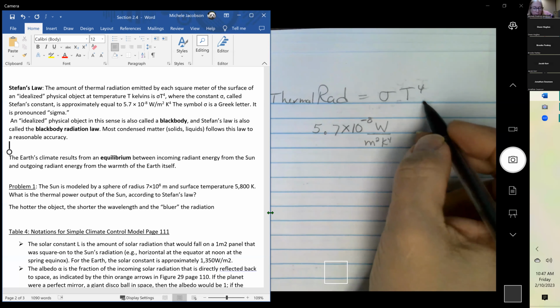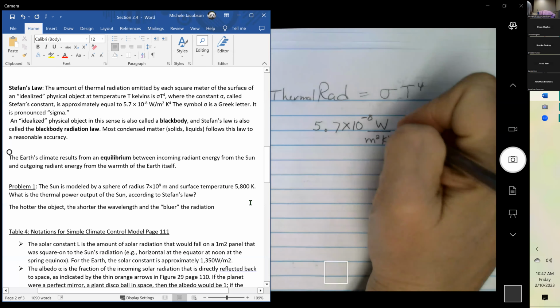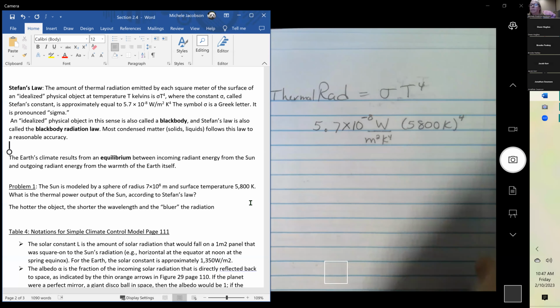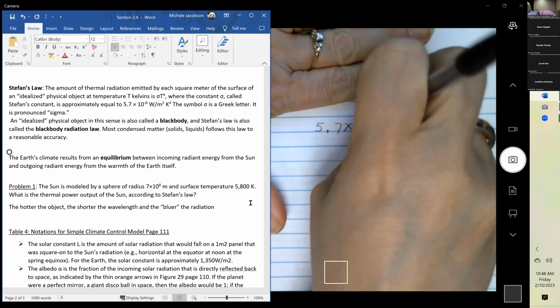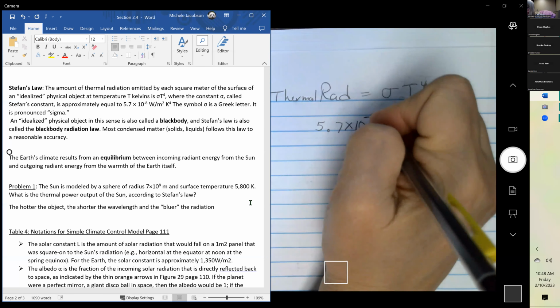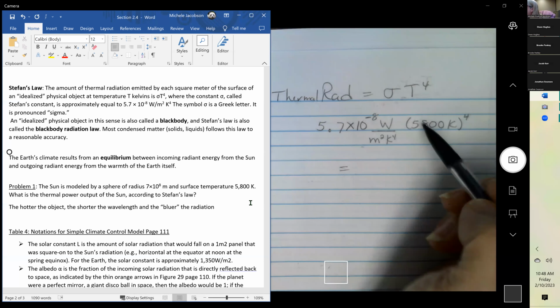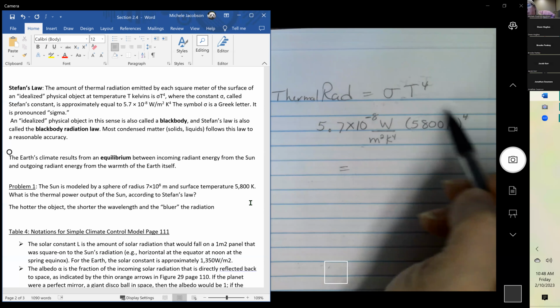And then the temperature, they gave us right here, 5,800. And just multiply it out. Now here you're taking this number to the fourth, so it's going to get huge, and then you're going to multiply it times this.